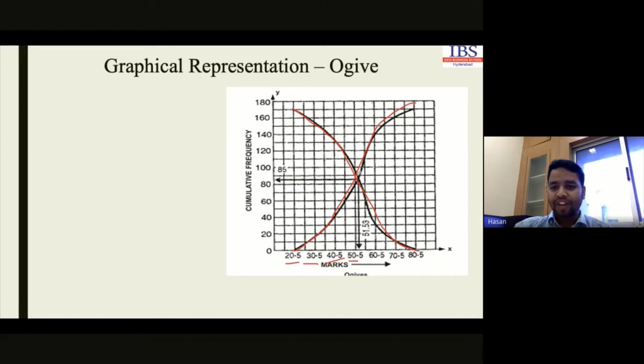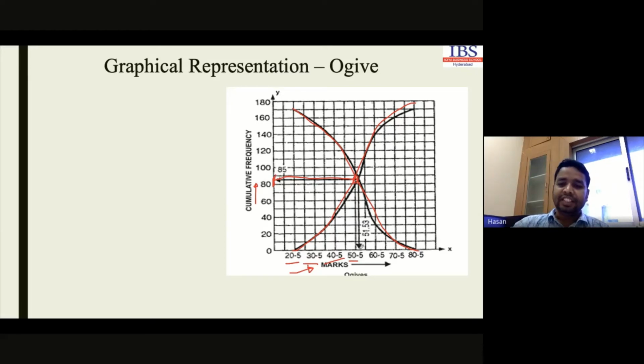Now the junction point between these two will decide the median value. The coordinate point on the y-axis will give the median value for this particular frequency.